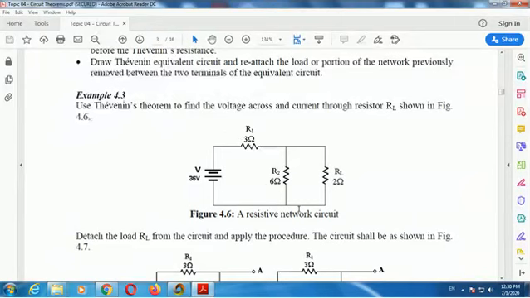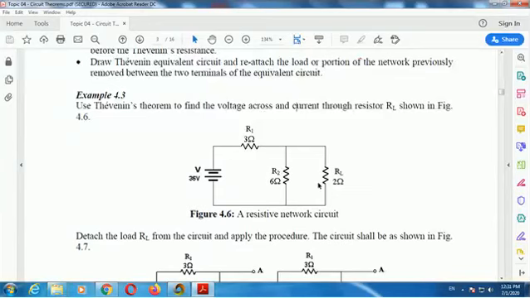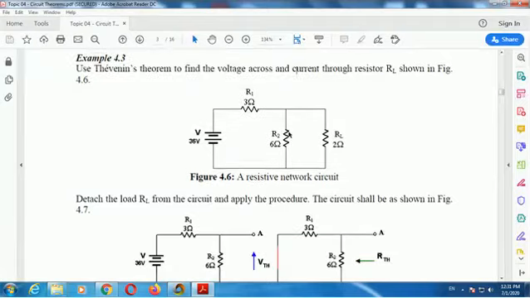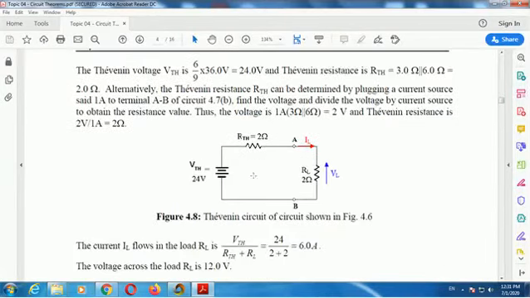For this circuit, use Thevenin's theorem to find the voltage across and the current through RL. So we need to simplify this part to a single voltage source in series with a resistance.